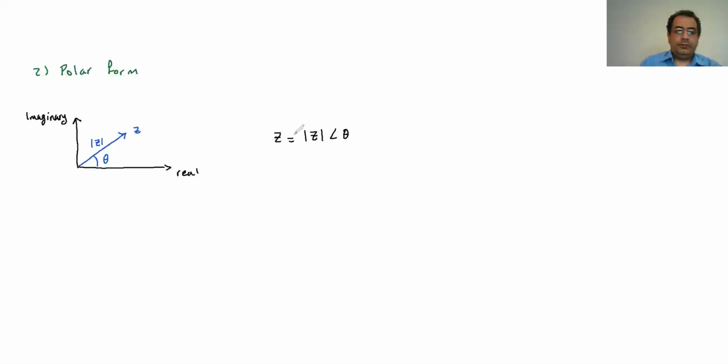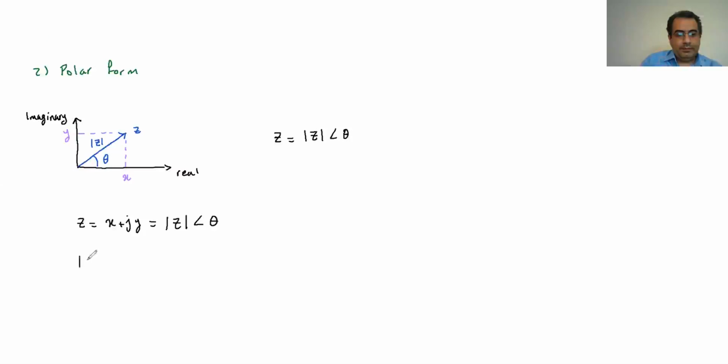And again, if I come here and say this is the x and this is the y, I can write that z is going to be x plus jy, or it is equal to the magnitude of z with the angle of theta. Let me draw this line. So this is z with the angle of theta. And what's the relation between these two?